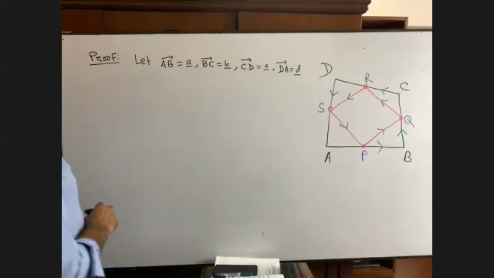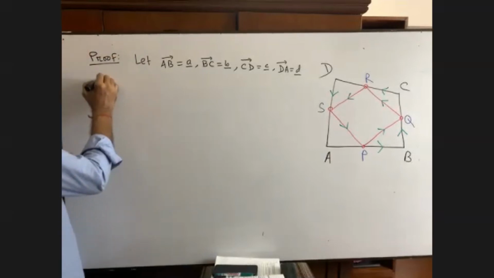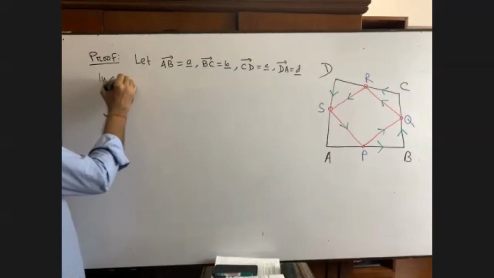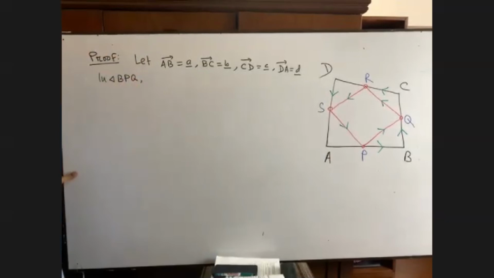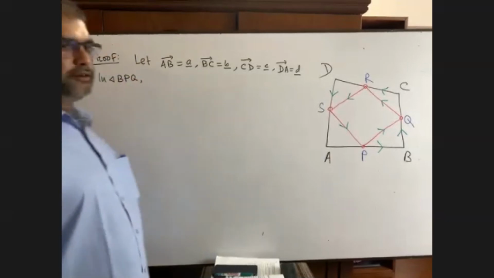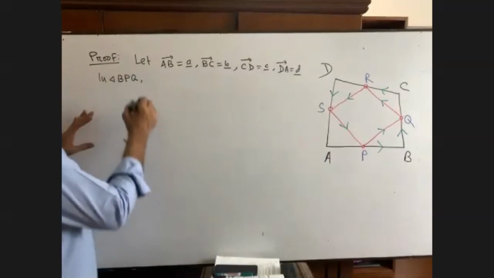So what you are getting here, you write down in triangle BPQ. Can you please let me know what should be written? Triangular addition law of vectors in triangle BPQ: PB plus BQ equals PQ. You're right.